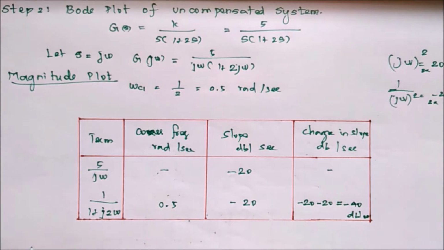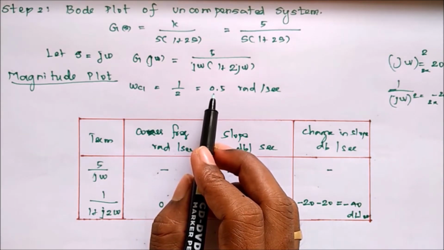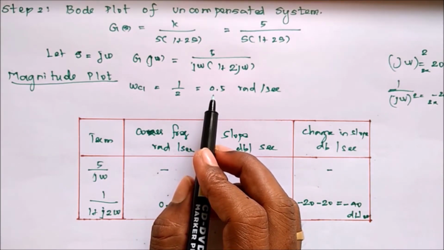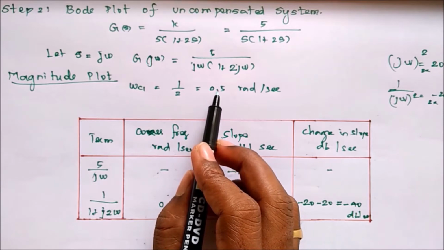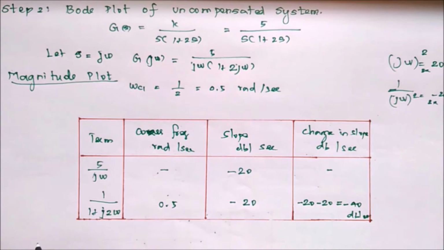Now we have to take a lower corner frequency and a higher corner frequency. This is the only one corner frequency, below which we can select one frequency, that is the lower corner frequency.